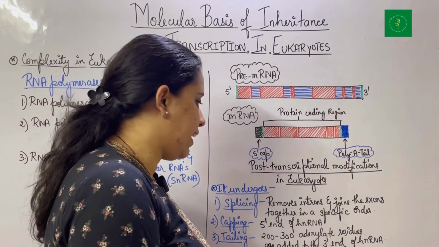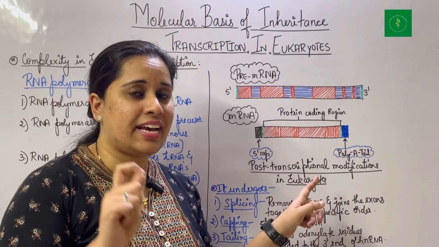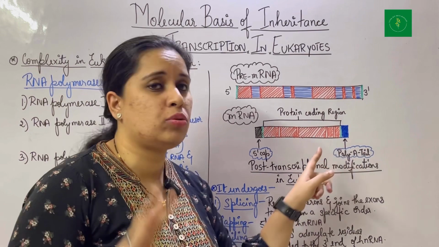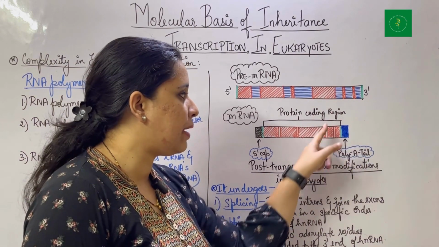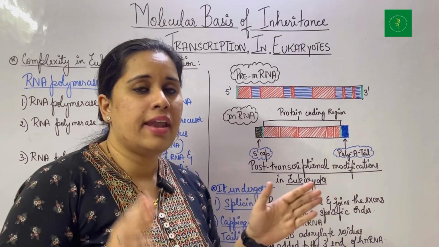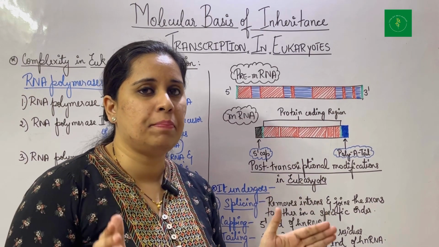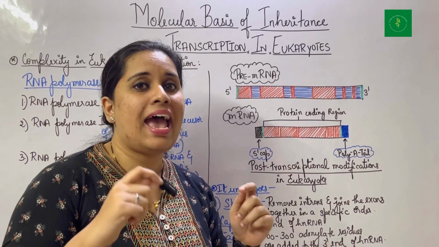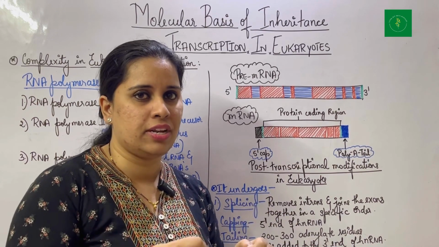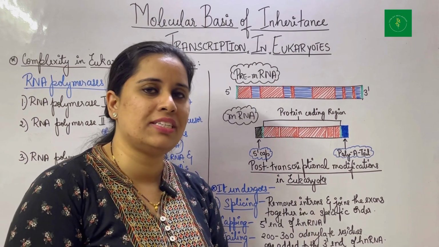The third step is tailing. Tailing is done by adding 200 to 300 adenylate residues to the 3' end of the mRNA. Now, the mRNA is completely protected at the 5' end and 3' end, ready to move out of the nucleus and start the process of translation.